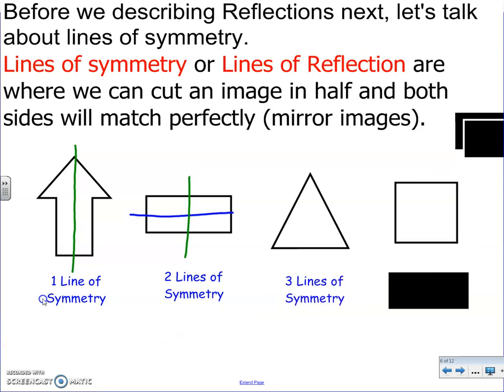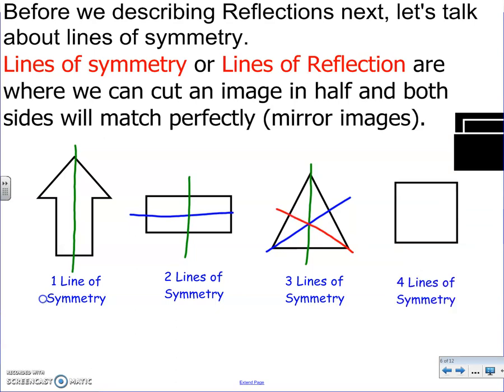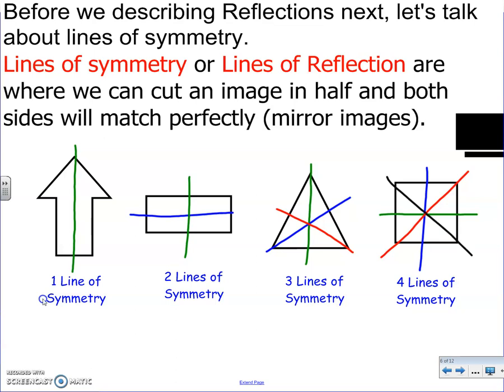Hopefully you see just straight down through here, or we could go this way, or we could even go this way. And the last one is a square. A square has four. You can go right down the middle this way, sideways, diagonal either direction. You go this way, or this way. All right, anyways.